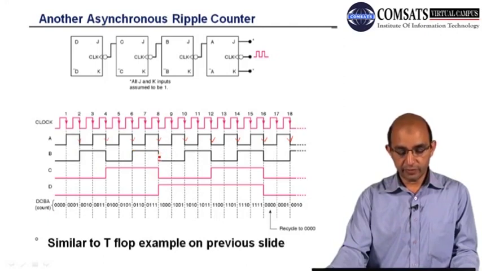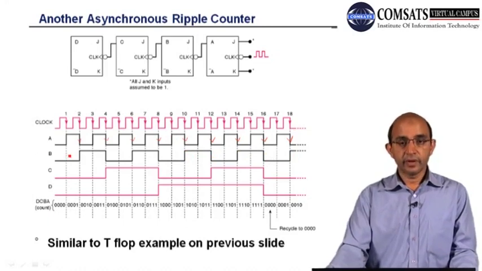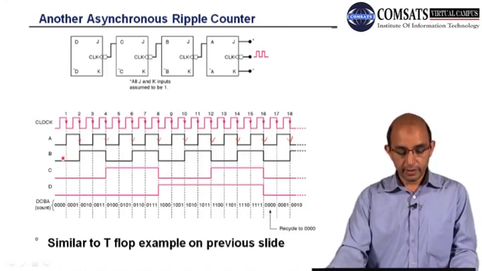Now again we have to toggle, because JK are ones all the time. So here again 0, and it will remain 0 till the next clock edge arrives. So here again toggle, toggle, toggle, and now this is the output B.